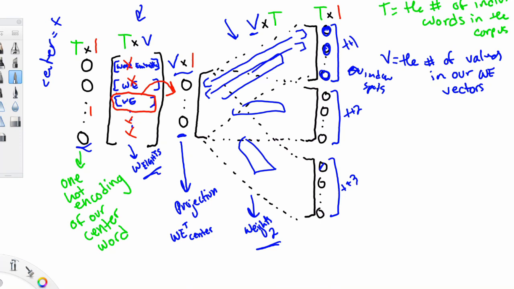Each node, or x1 value, becomes our center word embedding multiplied with that context word's embedding that corresponds to that node, and that produces a scalar value. So each of these node values is a scalar, and that is the dot product of these two vectors.